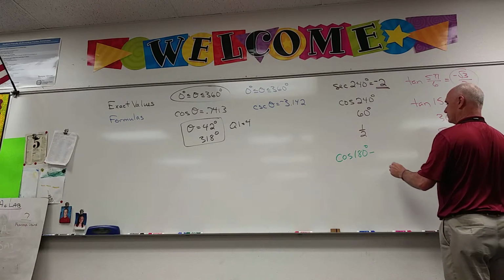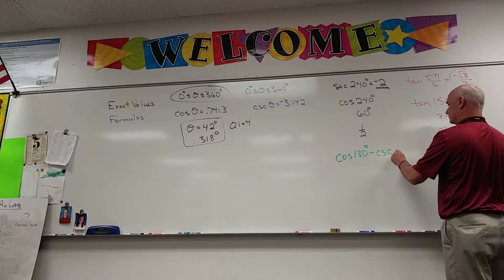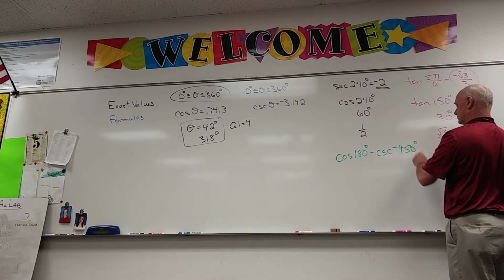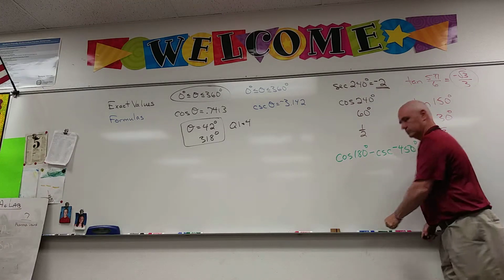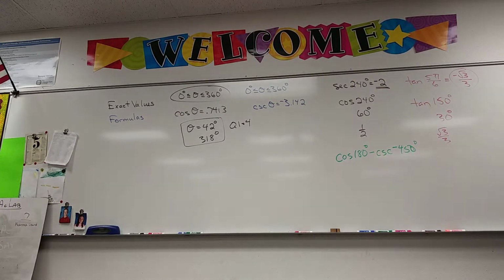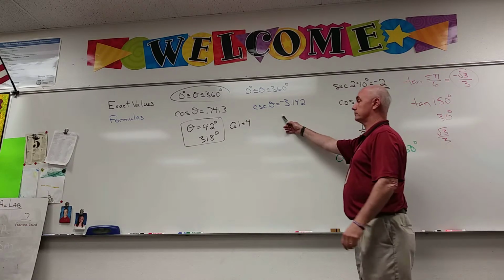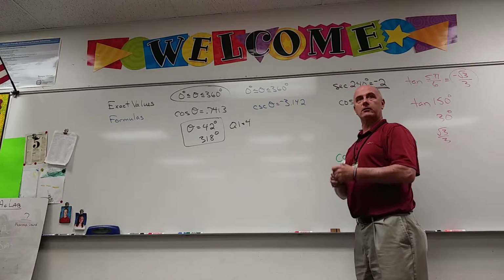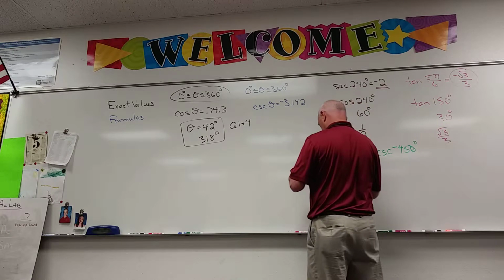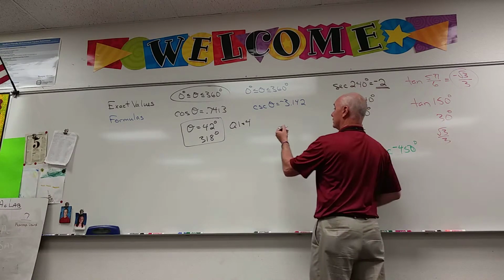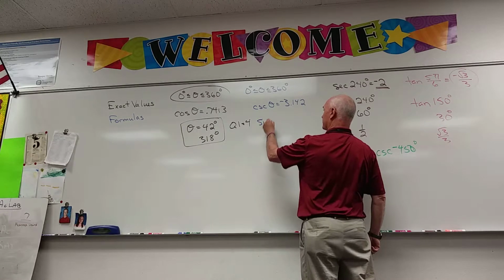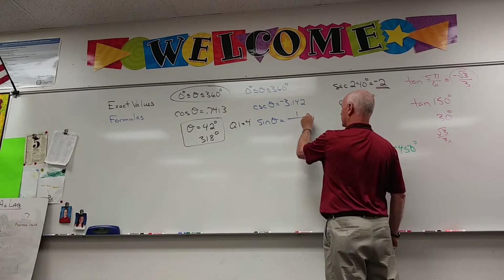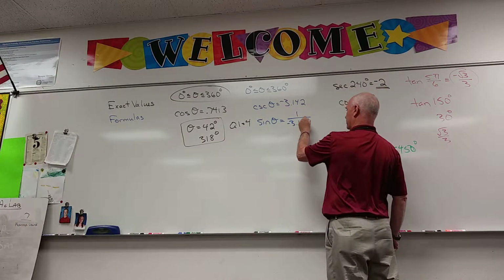Nearest degree, sounds good. All right, step one. Being that I don't have a cosecant button on my calculator, I don't want cosecant. So I would prefer sine of theta is equal to 1 over negative 3.142.